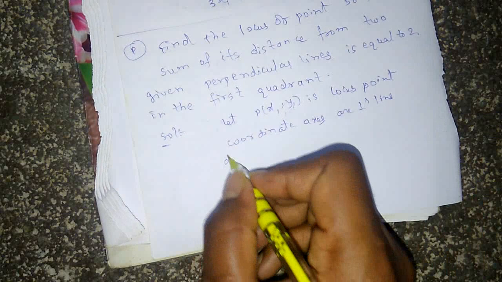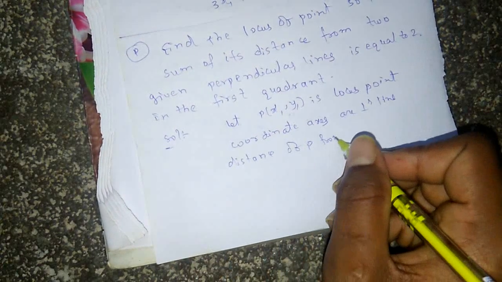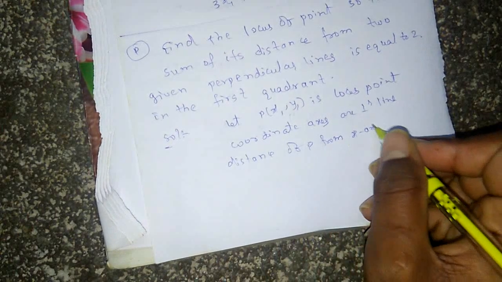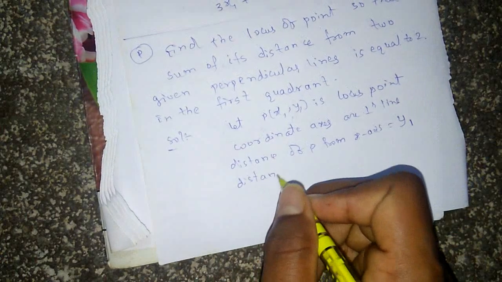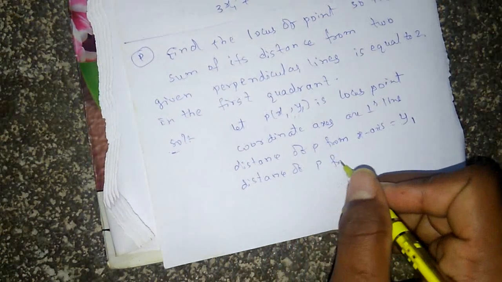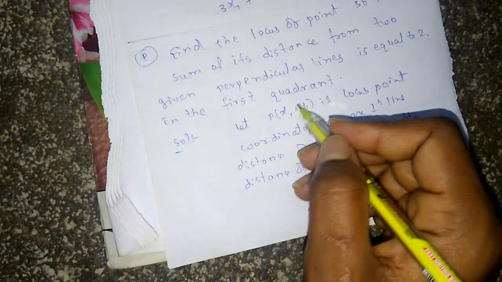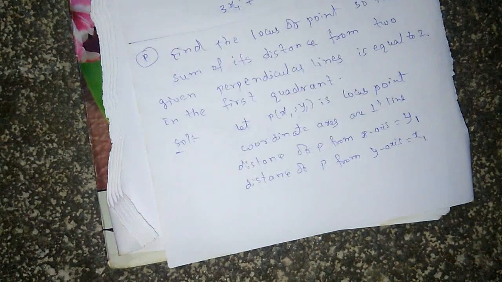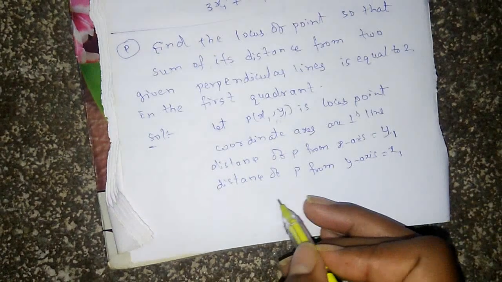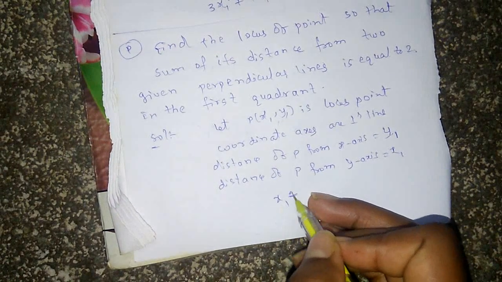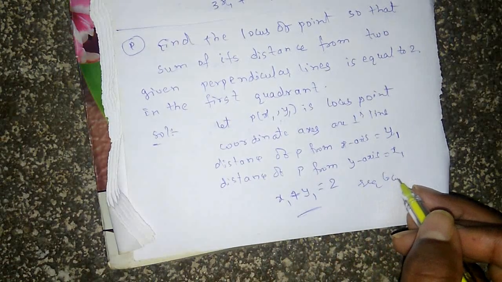Okay, the distance of P from the x-axis is y1. The distance of P from the y-axis is x1. Here, first quadrant means x1 and y1 are both positive, so I am taking y1 and x1 directly. Now the sum of its distances is x1 + y1, that is given as 2. So that is the required locus of the point.